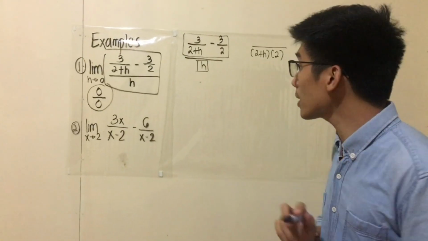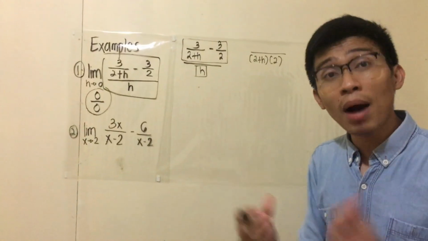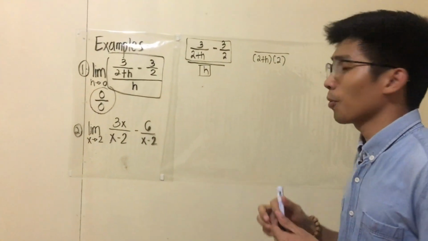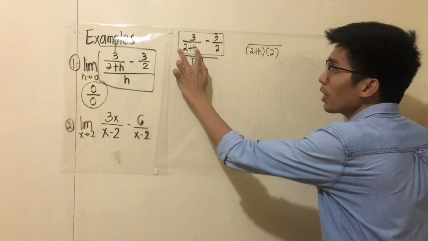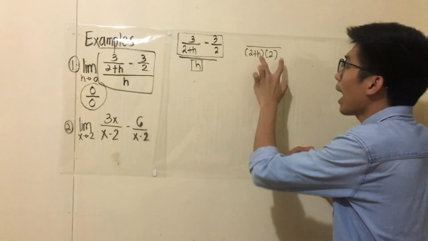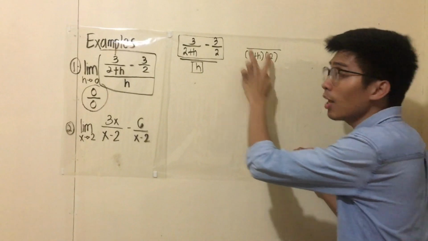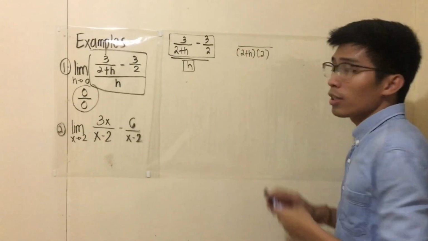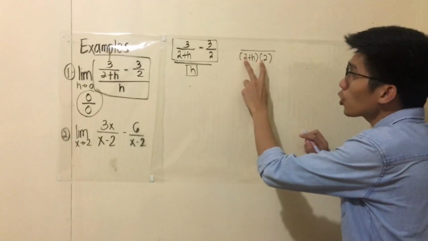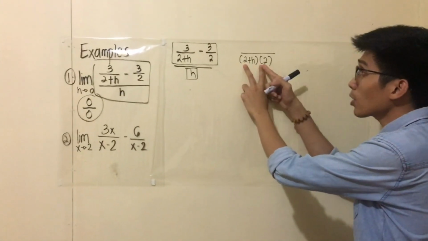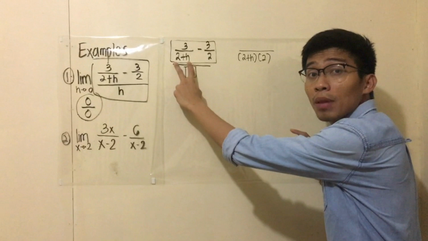After looking for the LCD, let's now combine our two fractions. What we are going to do is to divide your LCD by the denominator of each of the fractions. So just follow me. This is how we are going to do it. 2 plus h times 2 divided by 2 plus h.